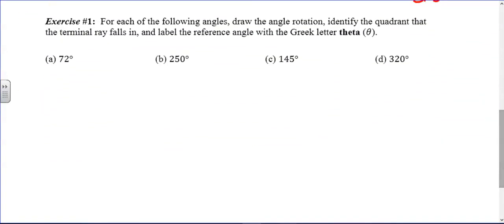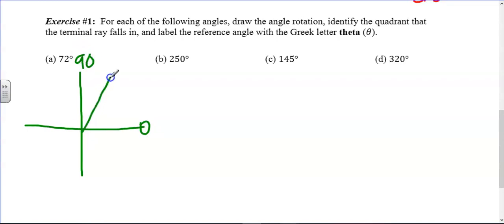If I look at letter A, 72 degrees, remember this is always 0, this is 90, so 72 is in between, and you would rotate from 0 up. What quadrant am I in? Quadrant 1, and label the reference angle with theta. Theta would just be this, and it would be 72 degrees because our reference angle is always an acute angle.